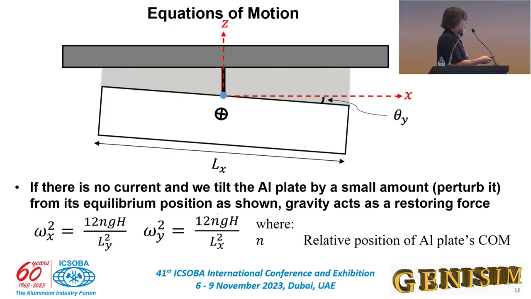So now I have those equations for the gravity mode, and they depend on where the center of gravity is positioned, and n is the position. A value of 0 for n means the center of gravity is on the pivot point.